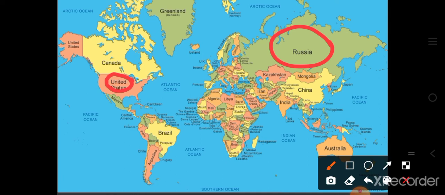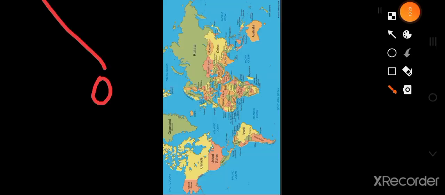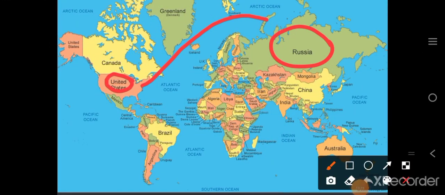The United States went one route to get to Russia, which was earlier known as the Soviet Union, and the other way was this.